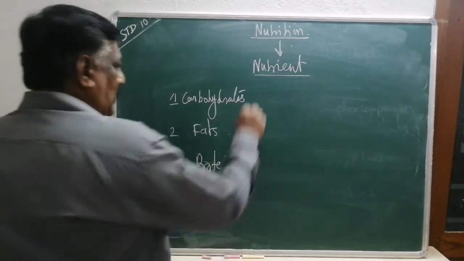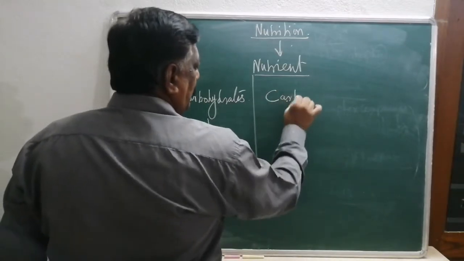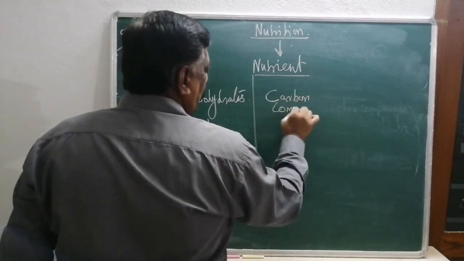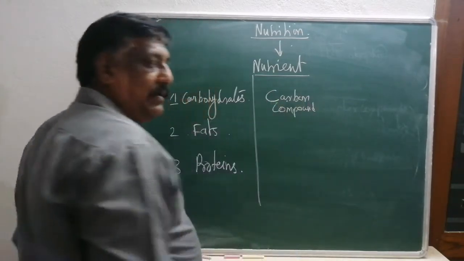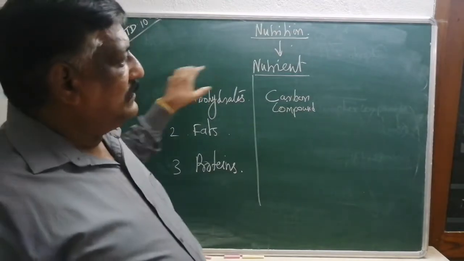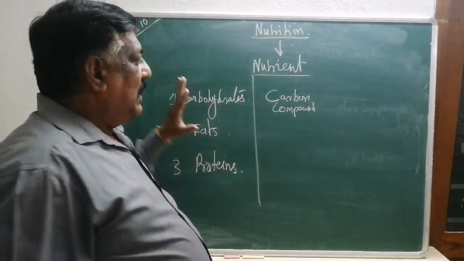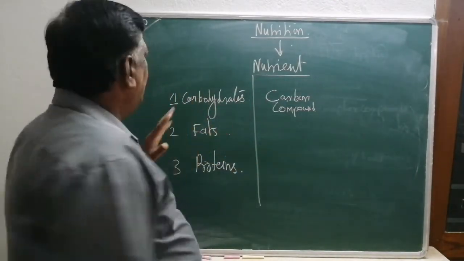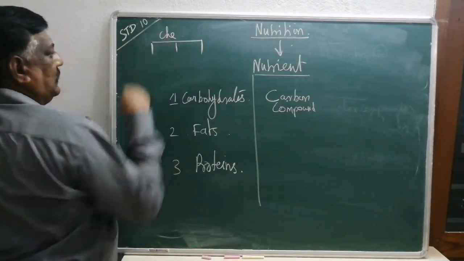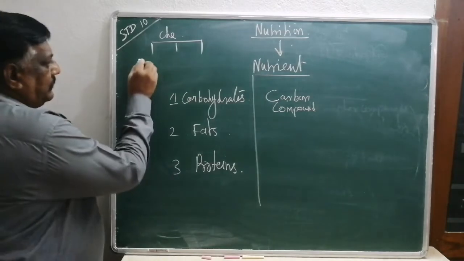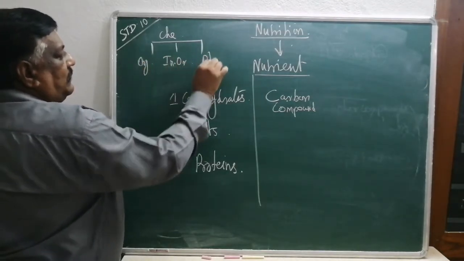Okay. When you talk about carbohydrate, it's a carbon compound. So carbon compound. And I used the word in heterotrophic, it's an organic food. Organic is the word. In chemistry, if you see the subject chemistry, it has three major branches: organic chemistry, inorganic chemistry, physical chemistry.